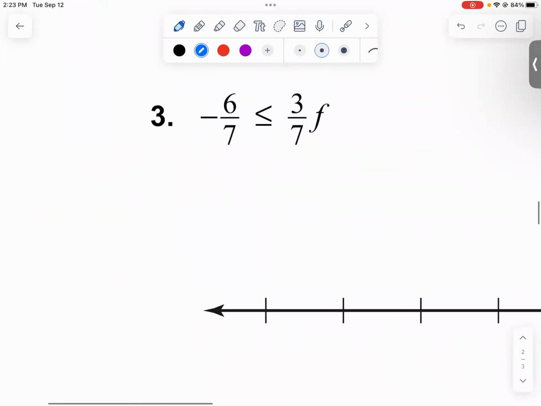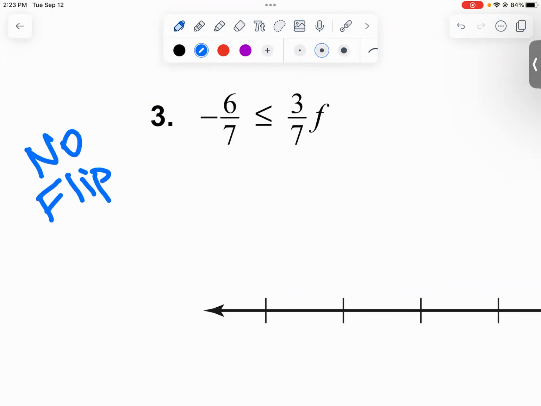Number 3, Harry, flip or no flip? Why? Because we need to divide by 3/7, which is the same thing as multiplying by 7/3. And is that a positive or negative 7/3? Positive. So we are not flipping our sign.